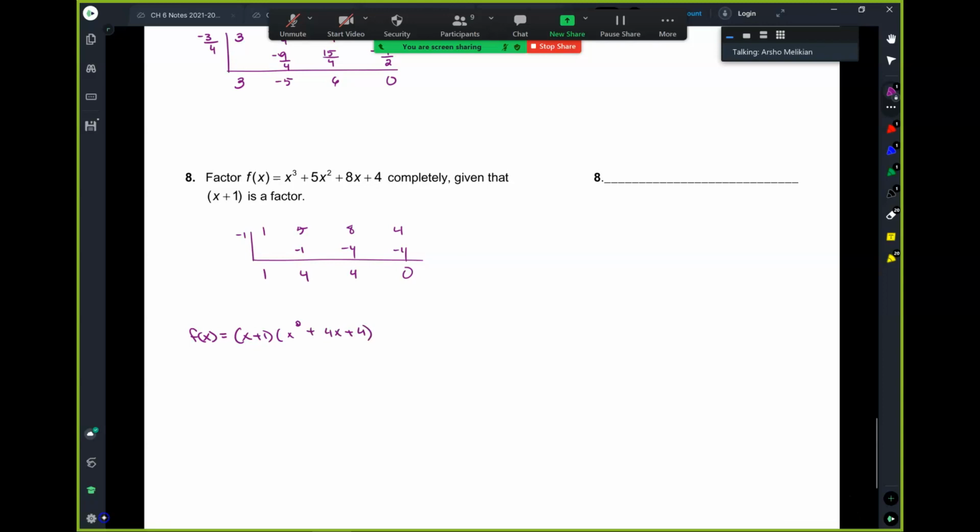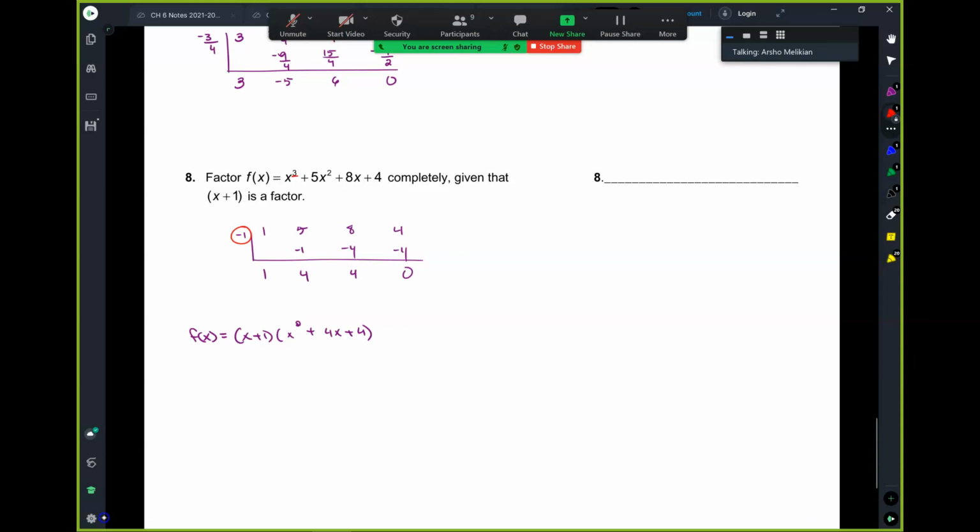Yes? No? Andrew says no. Yeah, can you go over that really quickly? The very last step? Sorry, yes, I did do that very quickly. So this is a minus 1, so you always do x minus minus 1, so x plus 1. And then remember our initial degree was 3, and when you do synthetic division, the degree drops 1.